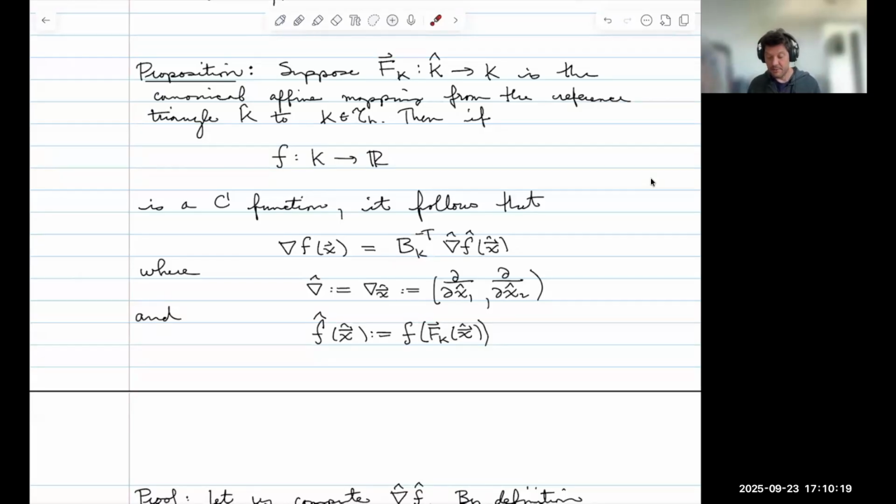In fact, you have to pre-multiply by B_K minus transpose. So this is the inverse of the transpose matrix. That's what minus transpose means, the inverse of the transpose matrix.